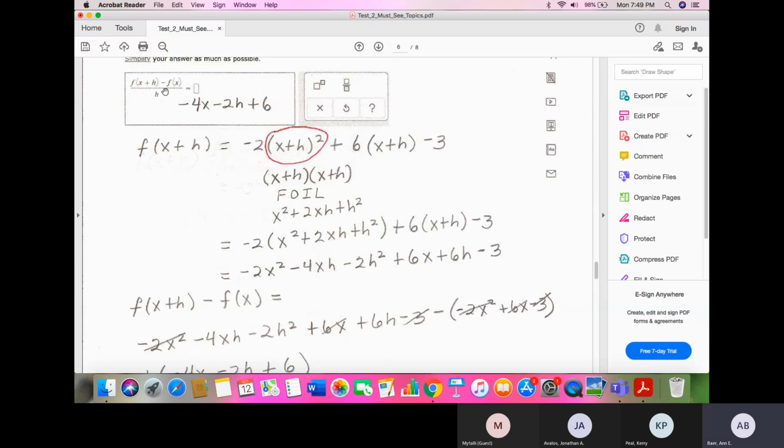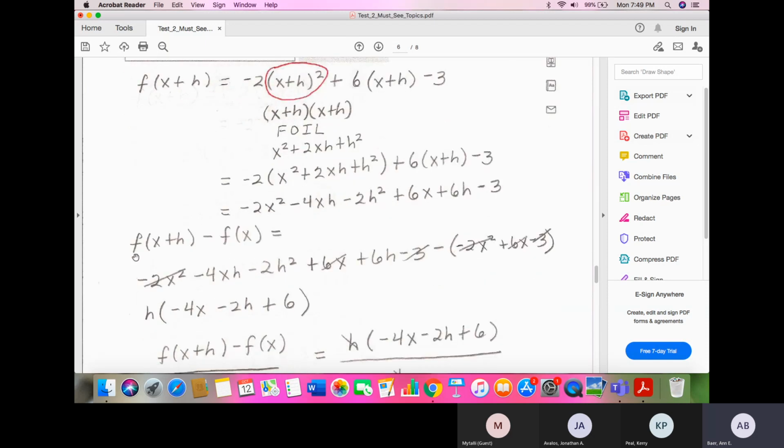So now let's subtract off this f of x. We've got f of x plus h minus f of x that we want to find. Well, we know what f of x plus h is. We just found it, so I just copied that all over here.